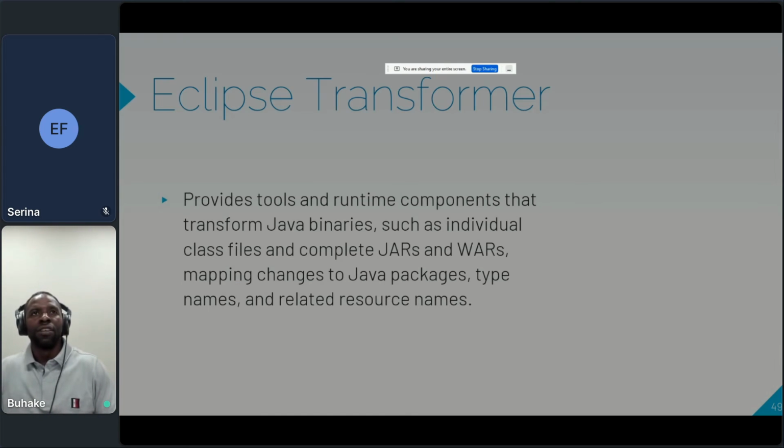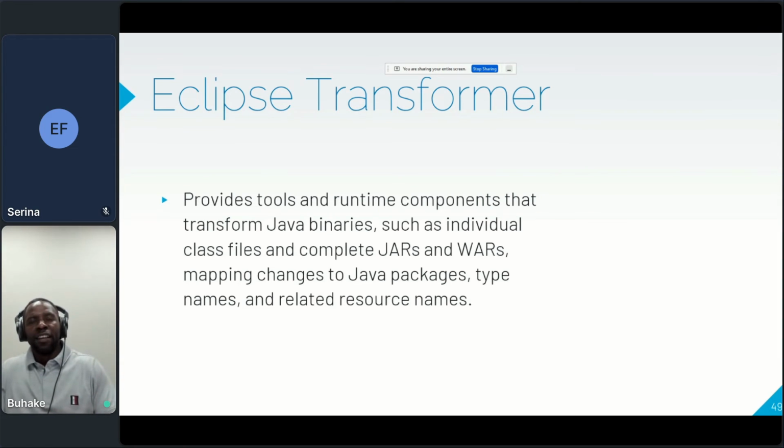I spoke about Eclipse Transformer. It provides a tool to transform your libraries to the latest release, from your class files to your WAR files and JAR files, or even third parties, and also changes properties files and resources. So this is actually quite an advanced form of OpenRewrite.